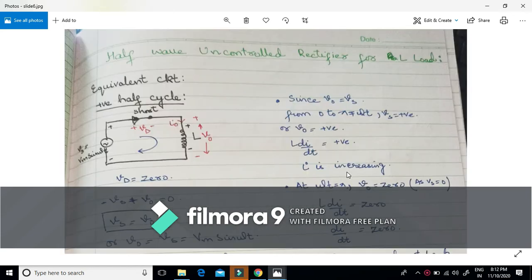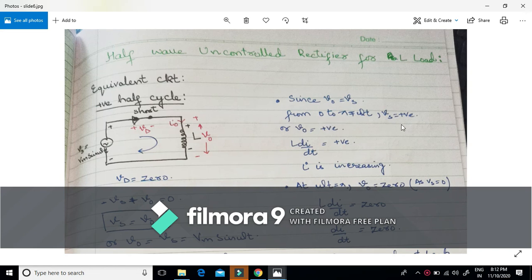This is the analysis part of this uncontrolled rectifier for L load, where we know during the positive cycle our output voltage will be equal to our source voltage as the diode is short. That's why I'm representing here V output is equal to Vs from omega t is equal to 0 to pi.